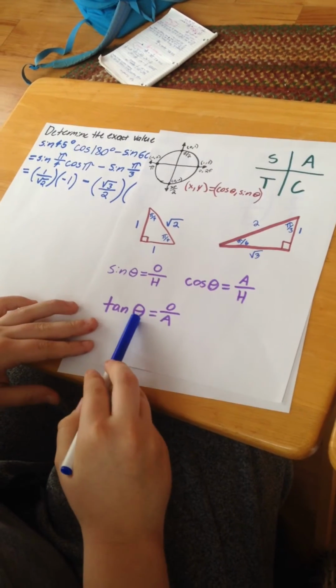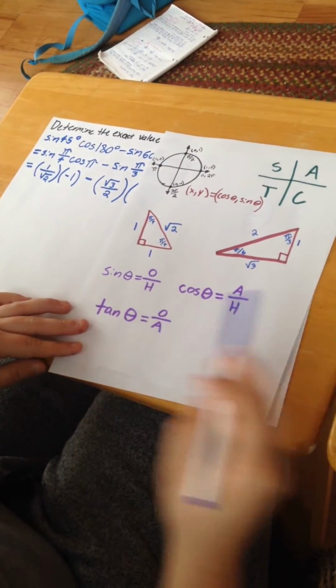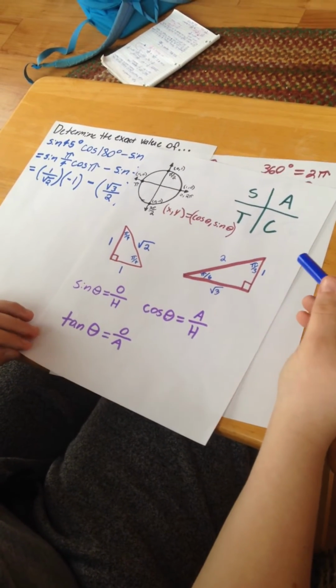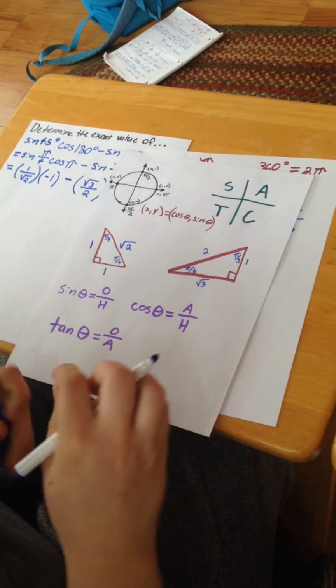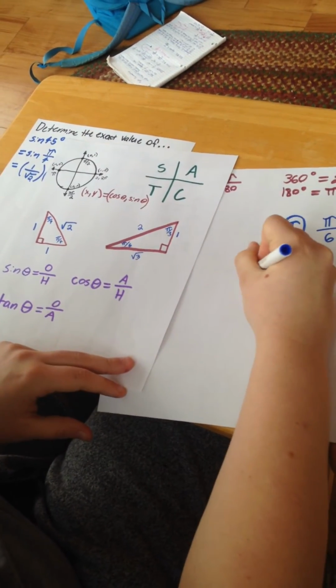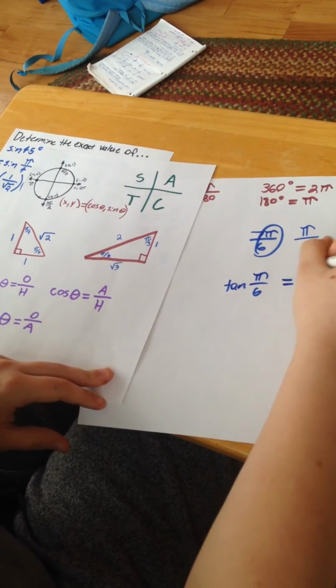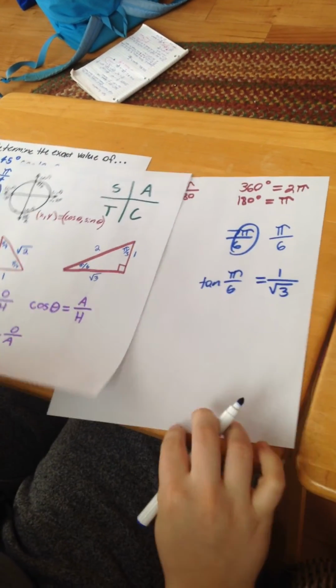And tan of theta is opposite over adjacent. So that would equal 1 over root 3. So the tan pi over 6 equals 1 over root 3.